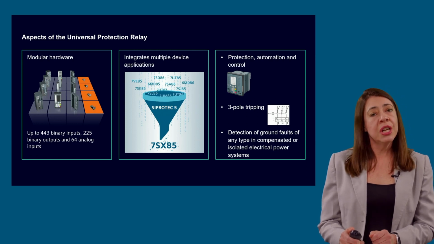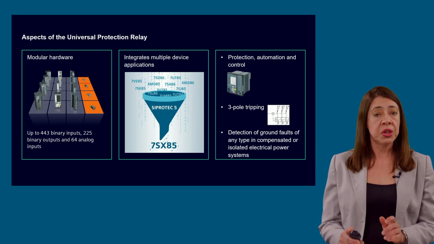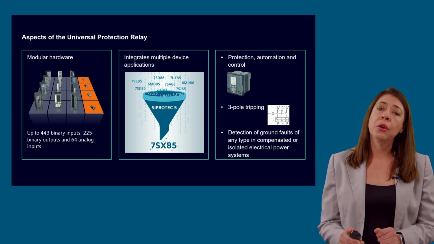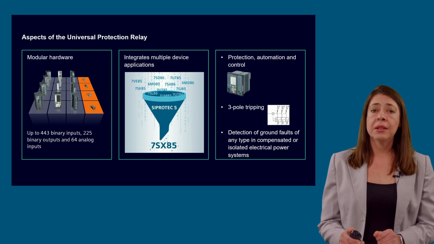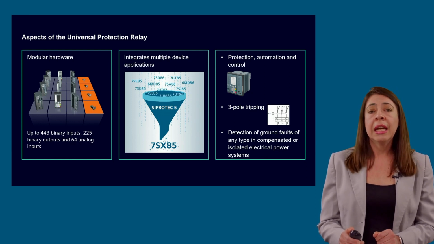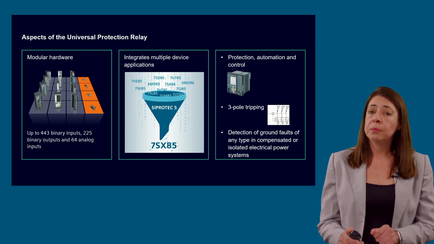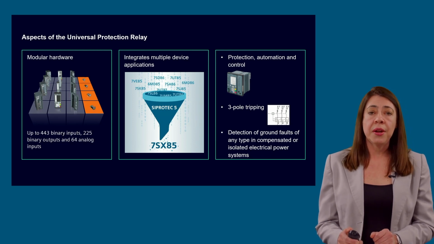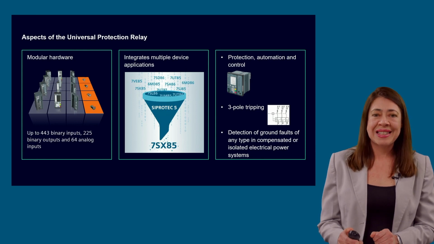The device functionality can be freely configured to fit the protection, automation, and control functions required in any 3-pole 3-pin system, including the selective detection of all types of ground faults in compensated or isolated electrical power systems. So, the 7SX85 integrates multiple device applications.